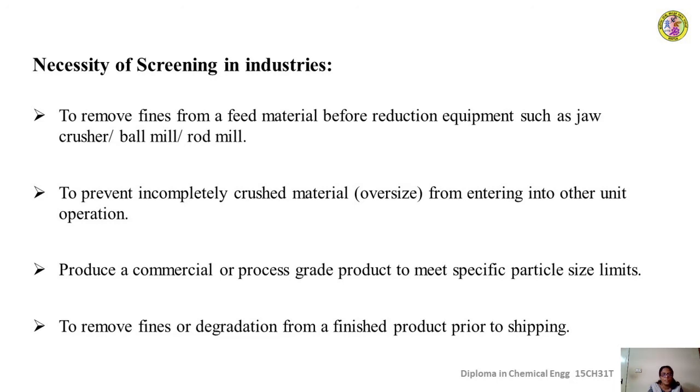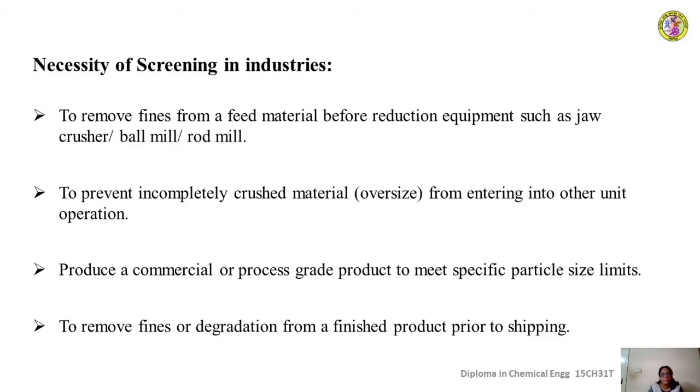So here you have to separate the product coming out of the size reduction equipment, so that any oversized particles will be separated and sent back for sufficient size reduction, while the particles that have undergone the required size reduction will be fed to the next operation. That is to prevent the material entering the next operation without having undergone the required amount of size reduction. That is another reason why we need a screening operation.